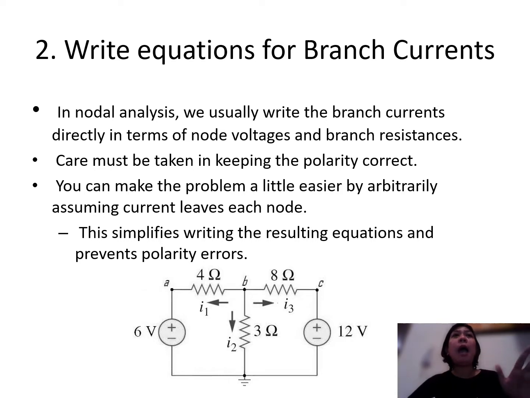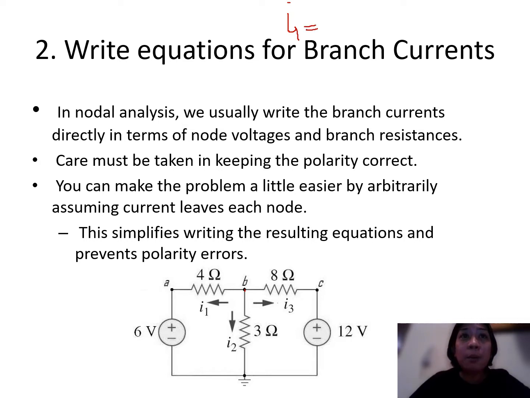So how do we write equations for these branch currents here? How do we write I1? I will write I1 here. Where is I1 located?